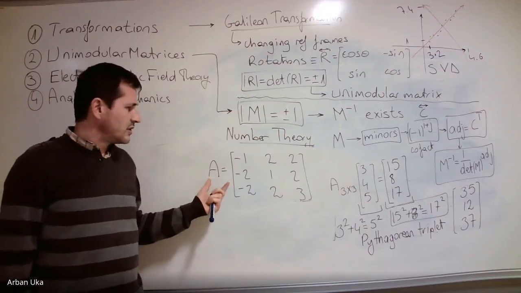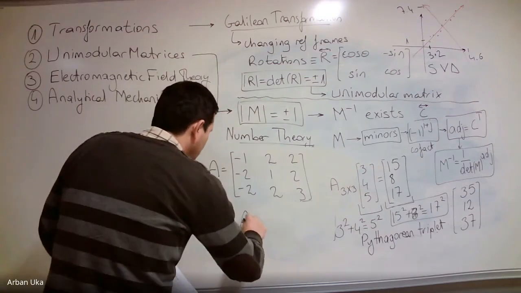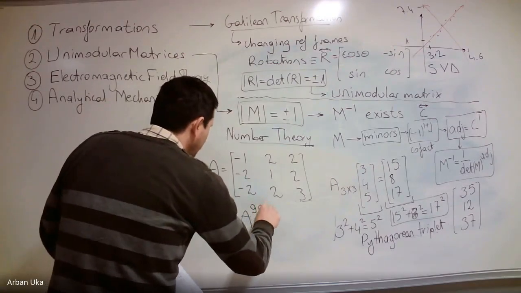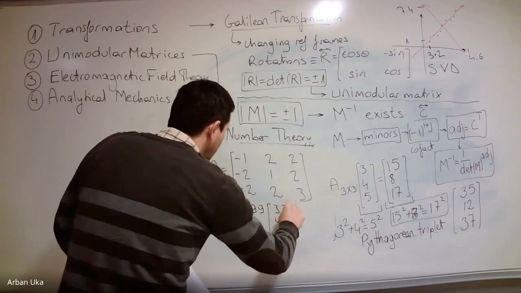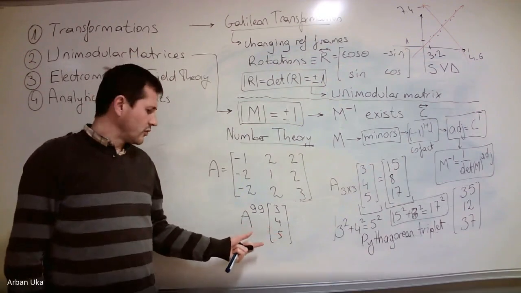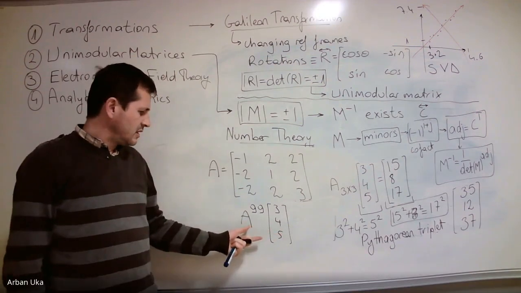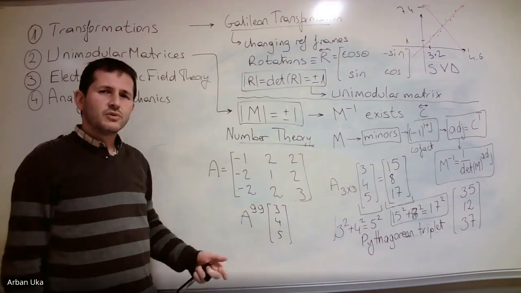So in fact, if we keep applying matrix A to the power 99 times the vector 3, 4, and 5, we know that what we're going to get is another triplet. Of course, the numbers will be very high, but this property of A squared plus B squared equal to C squared will be preserved.